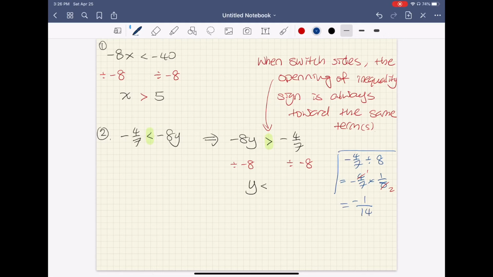Oh, and we're dividing by negative 8. Forgot to write the negative sign. So negative and negative cancel each other. And our final answer is 1 over 14.